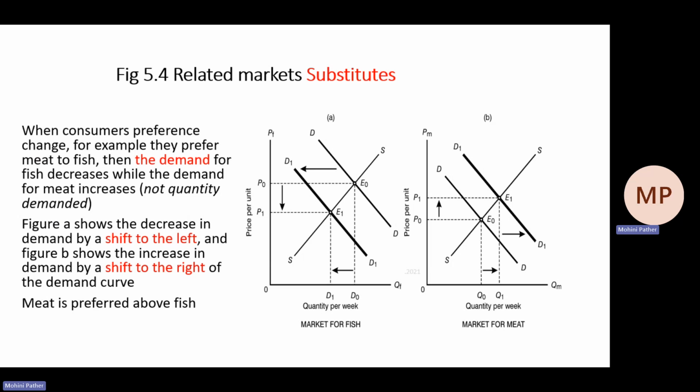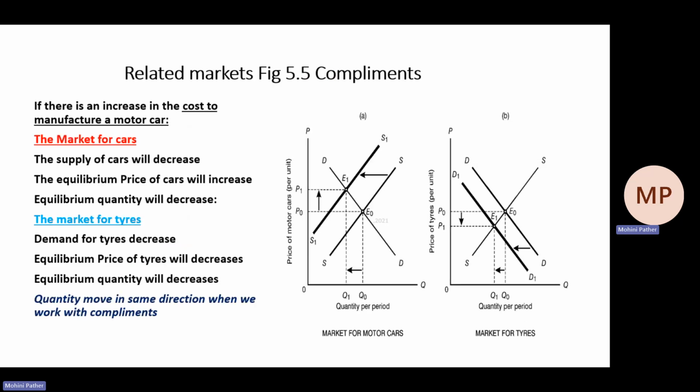So if your product A is your market for fish, if it moves to the left in the demand curve, then your market for meat will move to the right. You cannot assume the relationship between these two products. They have to tell you whether they are substitutes or complements, unless it's something really obvious like tea and coffee, although assuming is a dangerous thing.